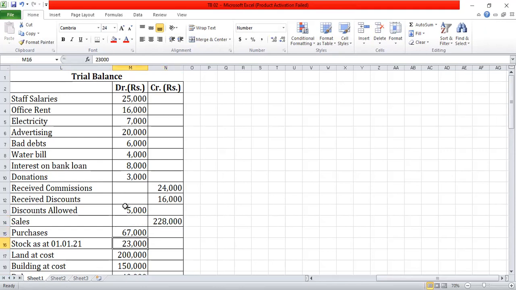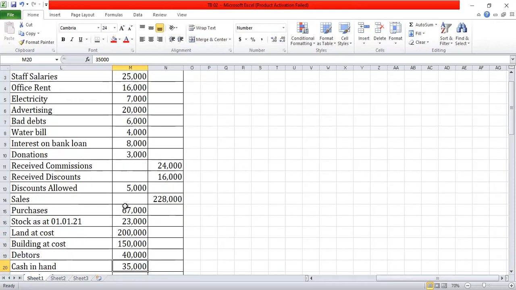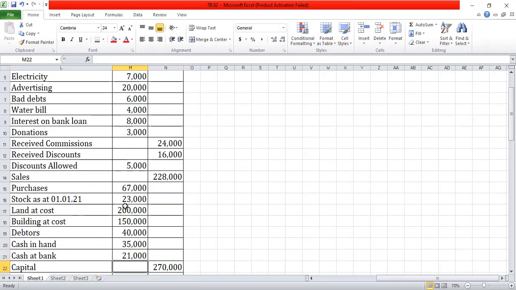Purchases and opening stock, both these are expenses accounts. So we record them in the debit column. Land, buildings, debtors, cash in hand, cash at bank. All of those accounts are assets accounts.